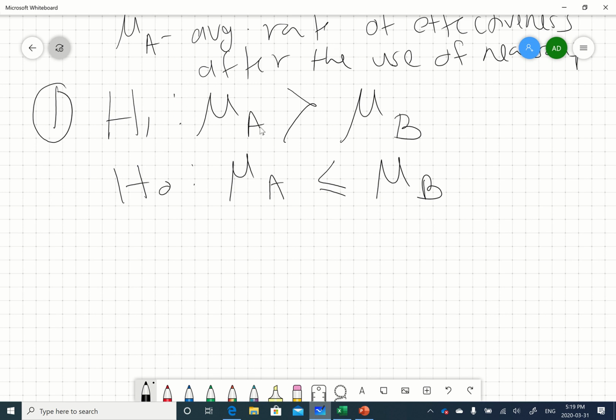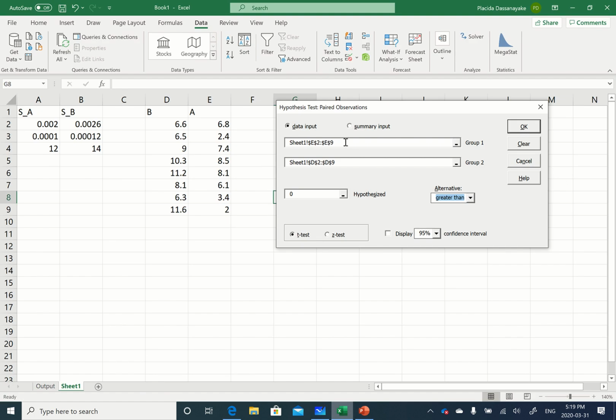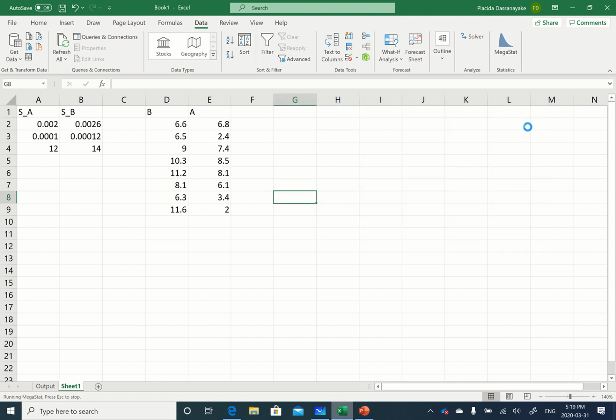H1 says after is greater than before. So that's why it's important: you first select the after and then select the before. Okay. And between T and Z, we've used sample. Of course, it's the sample standard deviation that we are going to have, right? So use t-test and click OK.